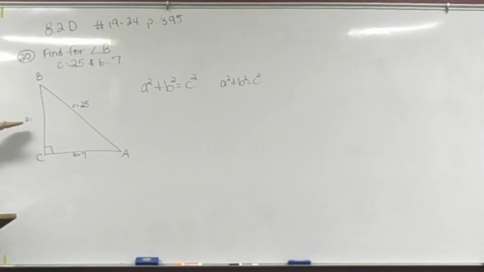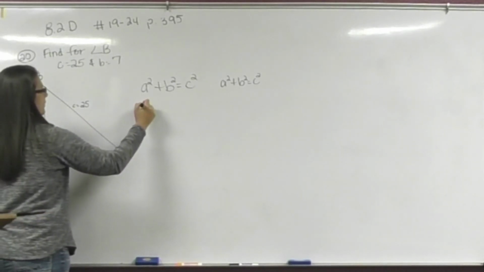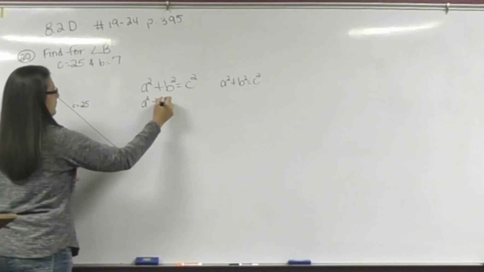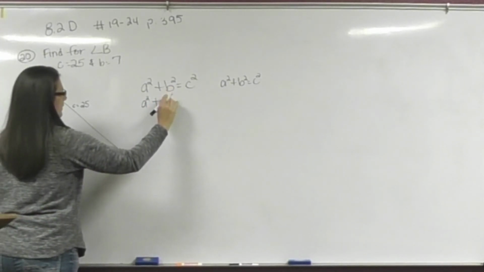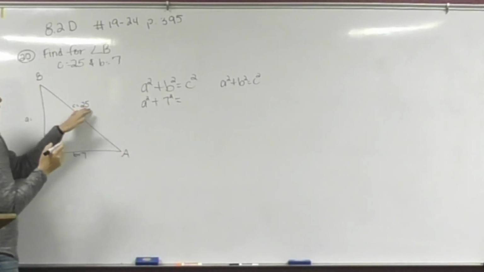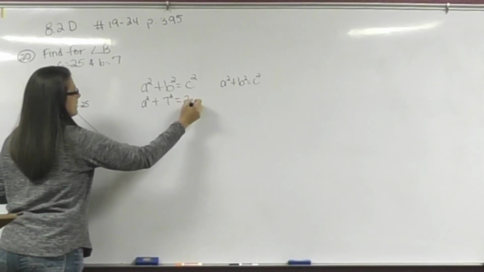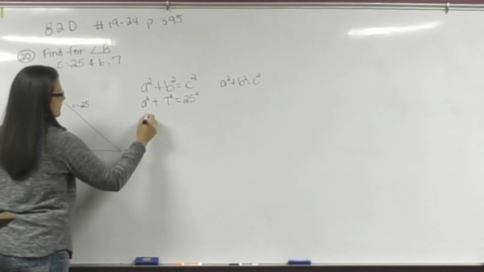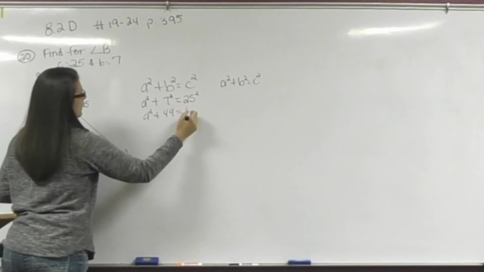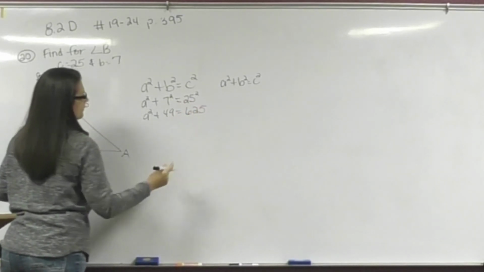All right, so let's use the Pythagorean theorem to find this missing side right here. I don't know A, so that just stays as A. I plug 7 in for B, and 25 goes in for C. 7 squared is 49. 25 squared, I believe, is 625.